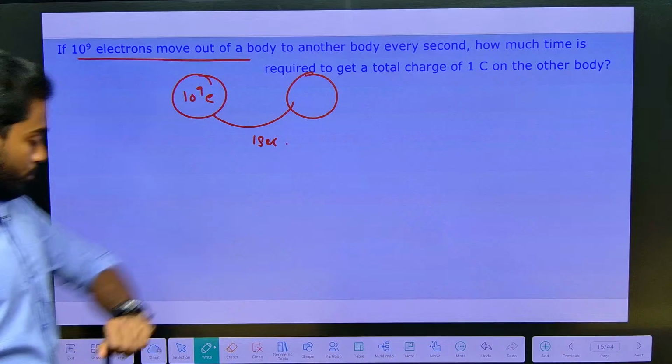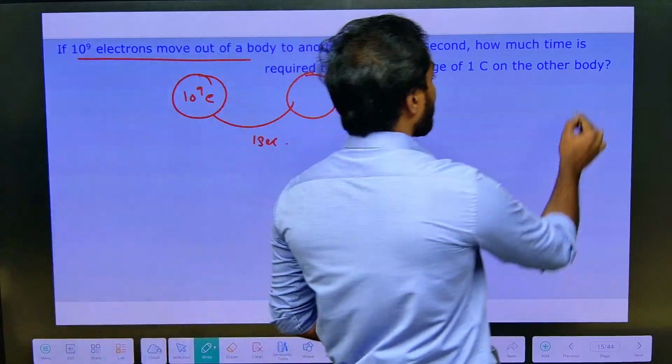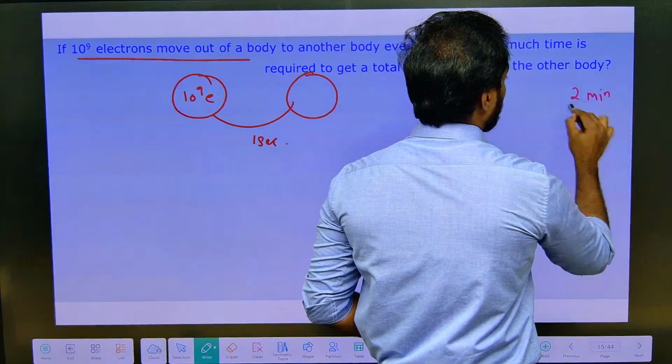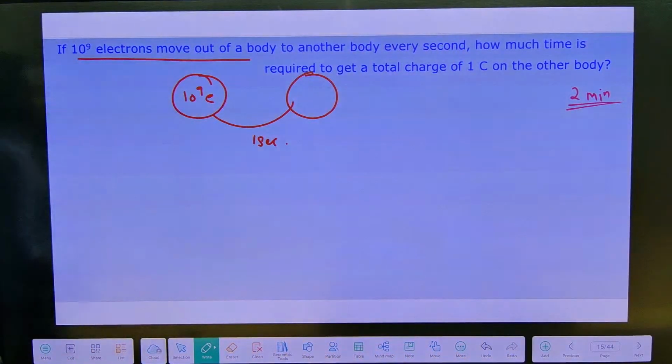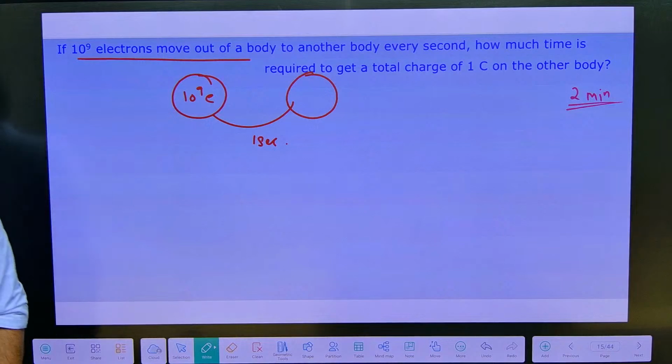Okay. So, you have a solid 2 minutes for this question. You can start now. Whoever is watching, you can give the answer in the comment section, or we will check the answers once you have completed.